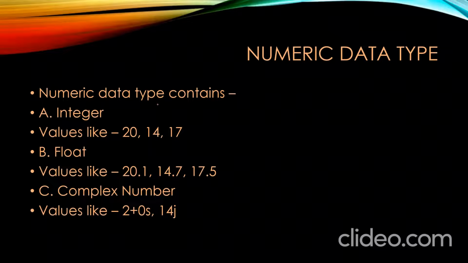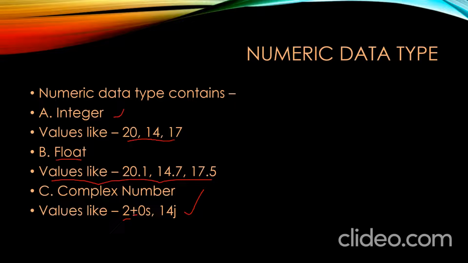So numeric data types contain number data types like integer values are 20, 14, and 17. Second, float values like 20.1, like decimal values are float values, and complex numbers are like this. So we have one integer, okay?